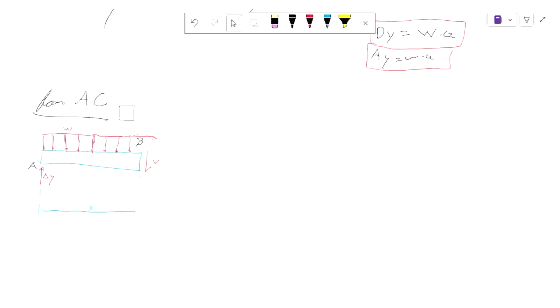In this case, what we need to do is summation of forces in y equals 0, and then we have AY minus V, which is the unknown, minus the load W, but then the region, the area of the force distribution, now is going to be a variable x.